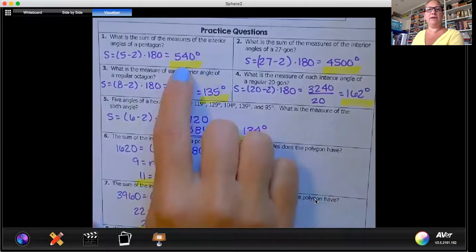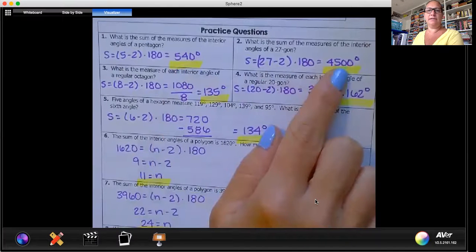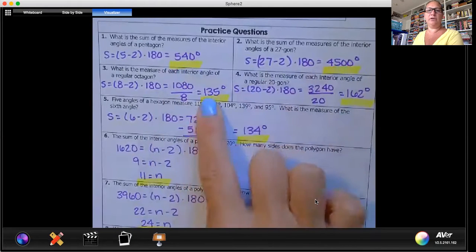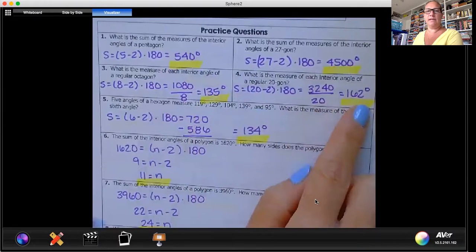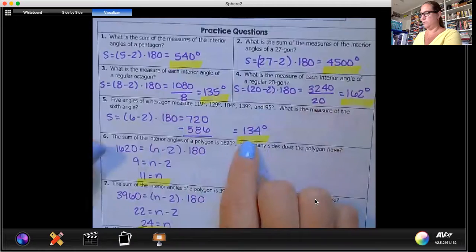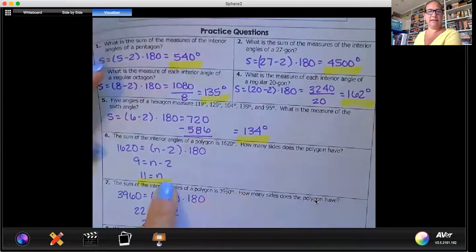Number 1, 540 degrees. Number 2, 4,500 degrees. Number 3, 135 degrees. Number 4, 162 degrees. Number 5, 134 degrees. Number 6, number of sides is 11.